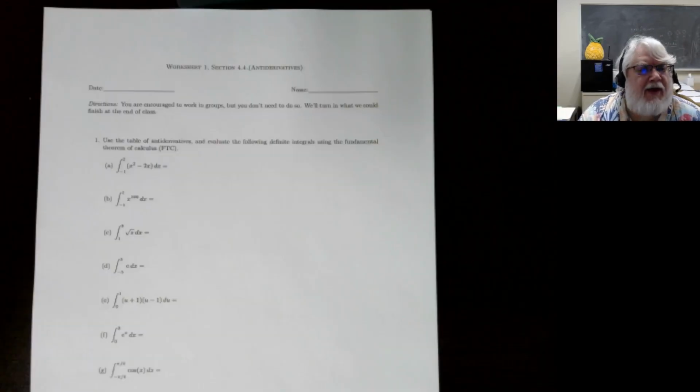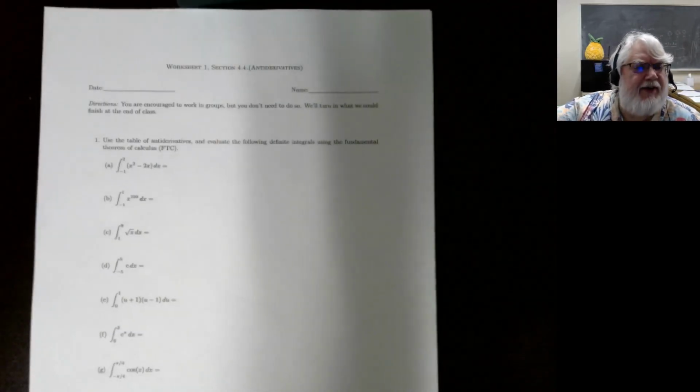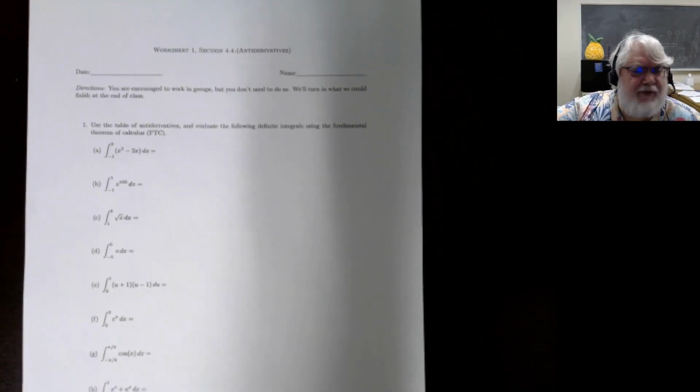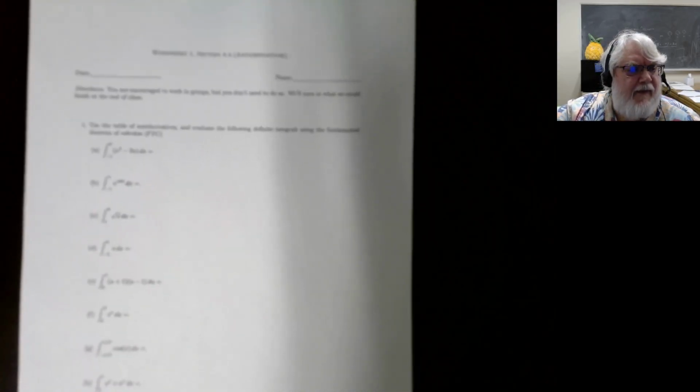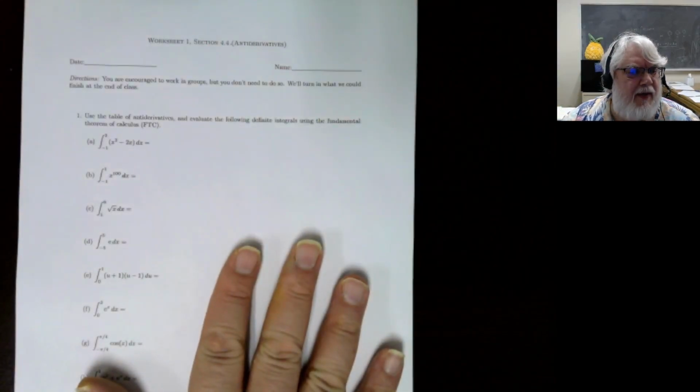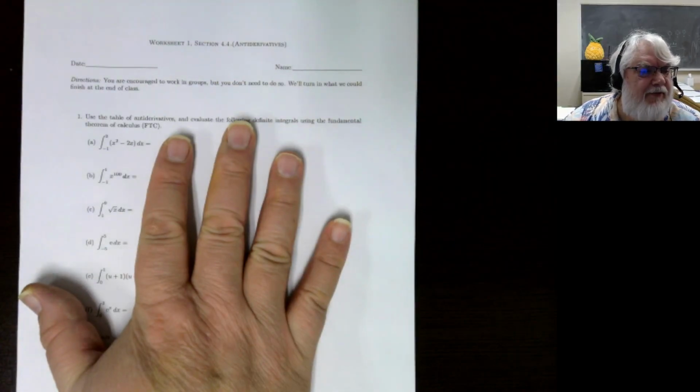I better pause this while I find it. Alright, so I don't know if this is very clear. For some reason this lens doesn't focus very good. Let's see if I can switch that around. Is that coming into better focus?